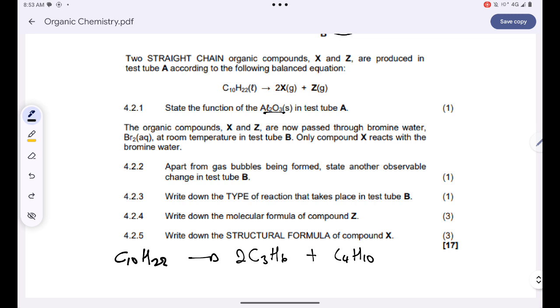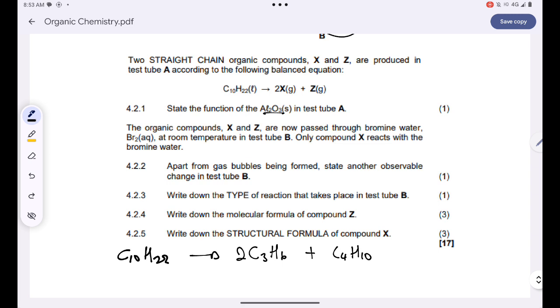The organic compounds X and Z are now passed through bromine water at room temperature in test tube B. Only compound X reacts with bromine water. Compound X will react with bromine water. Why? Because compound X is our alkene.